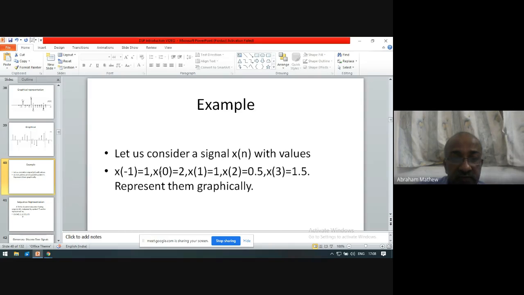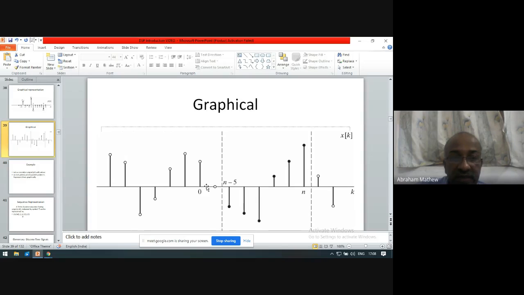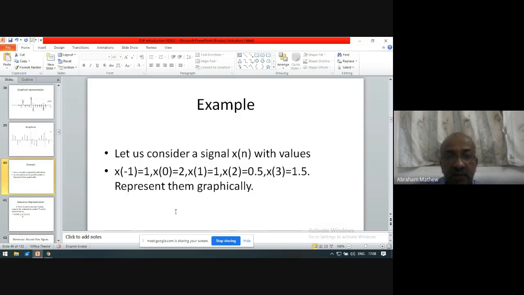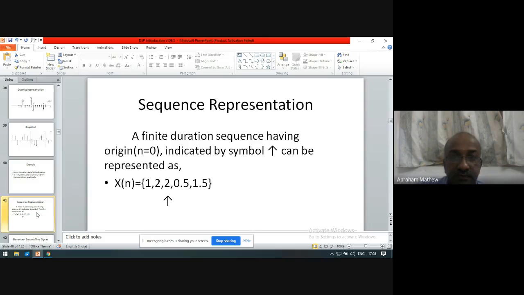For example, x of 0 is equal to 2, x of 1 is 1, x of 2 is 0.5, x of 3 is equal to 1.5. You can represent this one graphically the same way like this. At different values at the origin, what is the amplitude? For example, x of minus 1, you have to take a unit and represent this as 1. At the origin, it is 2. Like that, we can represent this example in graphical representation.